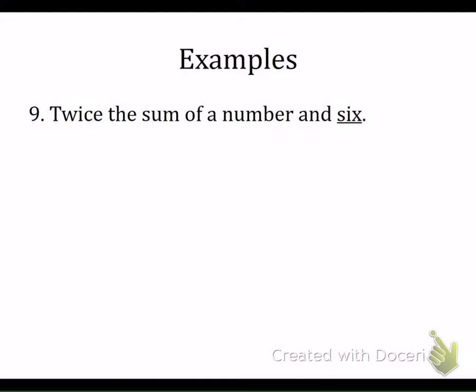So in order to show that you have to do the sum part first, that's when we use parentheses. So if you put parentheses around the n and the 6, that shows that the sum comes first, and then you take twice that. So these kind of take a while to get the hang of. I read through these ones a lot. But this is a good example for this, because if you want twice the difference or twice the sum, you got to show that that sum or difference comes first, then you do twice.